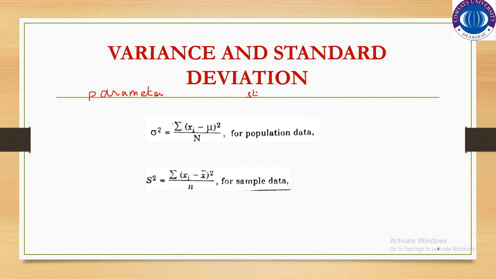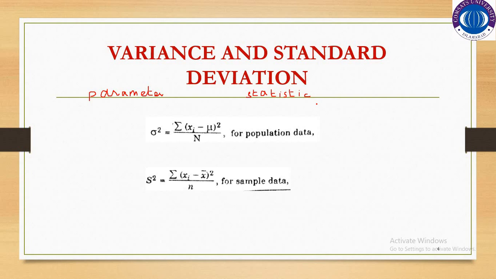Keep in mind that this is statistic, not statistics. Whenever you study the characteristic of a population, you are basically finding out the parameter. And whenever you study the characteristic of a sample, you are basically finding out the statistic.